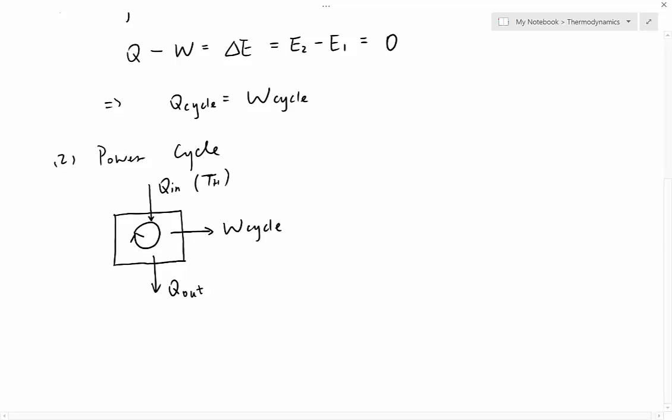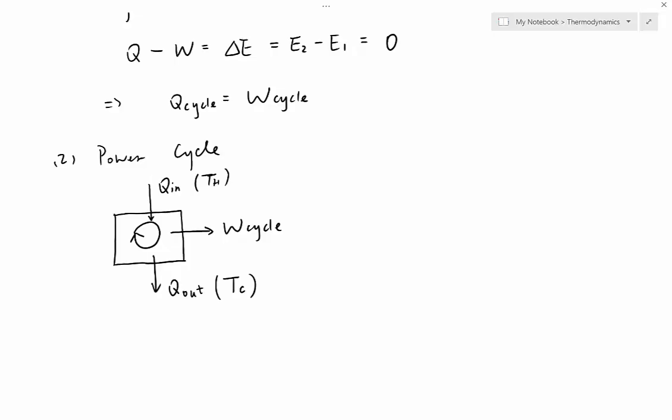So you must lose some energy. That's why you have a Q out coming out of the engine. Okay, Q out goes to the environment, which is at a lower temperature. We call it T cold. Okay, so this is how you sketch a power cycle.